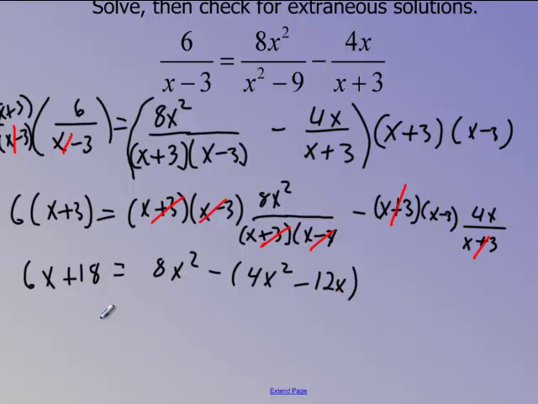So when I rewrite this, I have 6x plus 18 equals 8x squared minus 4x squared plus 12x, distributing that minus sign.